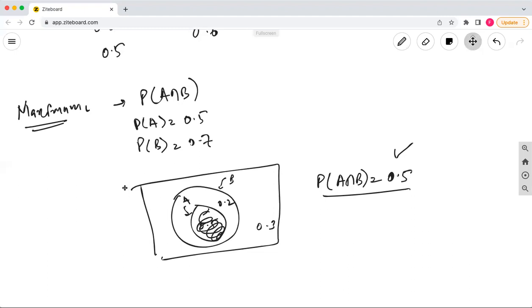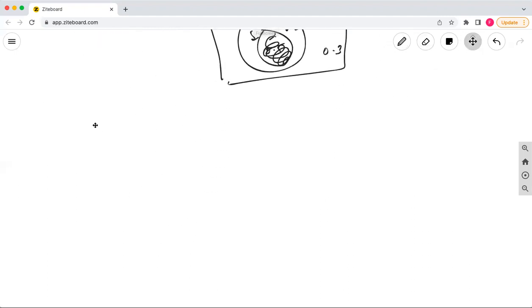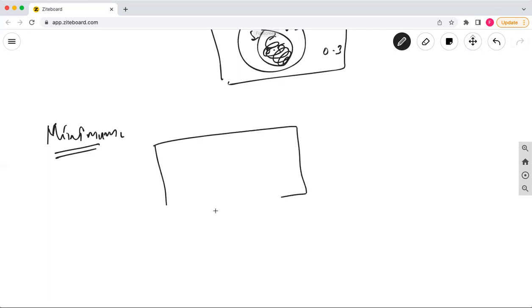And now for the minimum, this is a bit tricky case. Now for the minimum, to minimize the overlap, we need to think a bit.